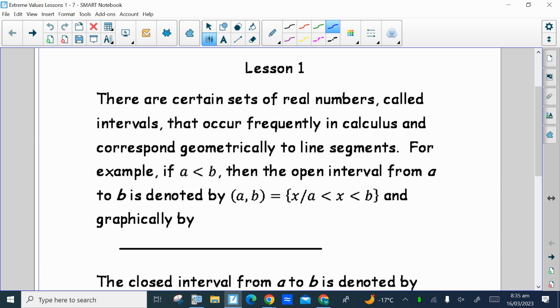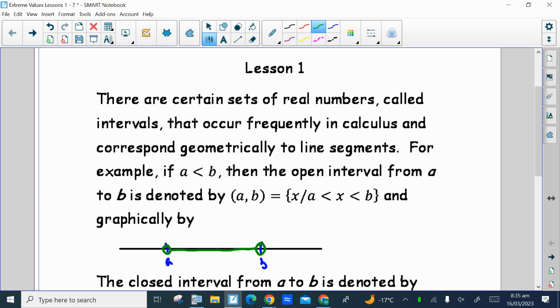Or set notation. And we can do it graphically by having A to the left of B on a number line. And again, when these rounded brackets are used, that means that the end values are not included. So on a number line, we show that a value is not included by using an open dot on it and then drawing a line between the two numbers.